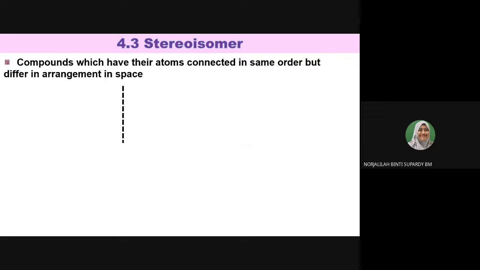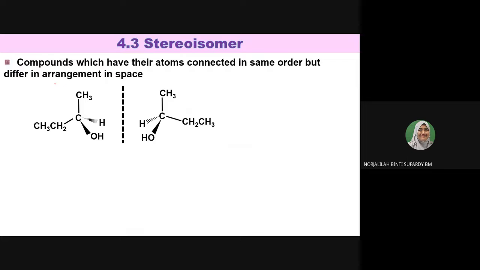Stereoisomers are compounds which have their atoms connected in the same order but differ in the arrangement in space. For example, we have these two structures, which are mirror image structures. Here we have a hydrogen atom.